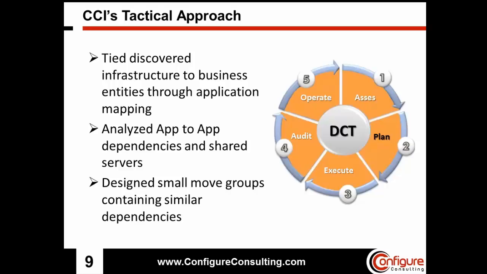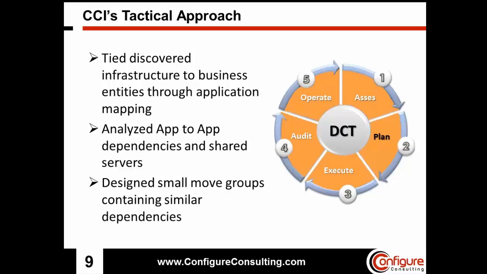So I said that we had 1,500 servers within this organization, this data center. It would have been impossible for us to attempt to move all 1,500 on one weekend. As great as that would be to have a complete success, the risk was just far too high, and you couldn't afford to have your business completely shut off for that duration of time.